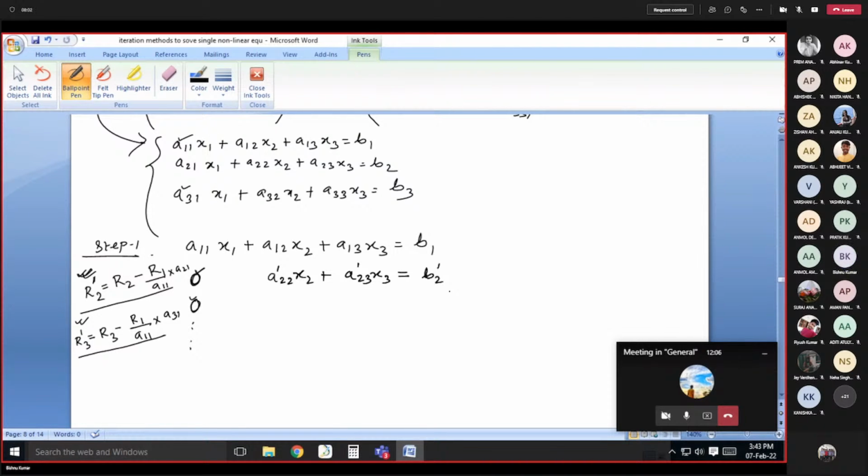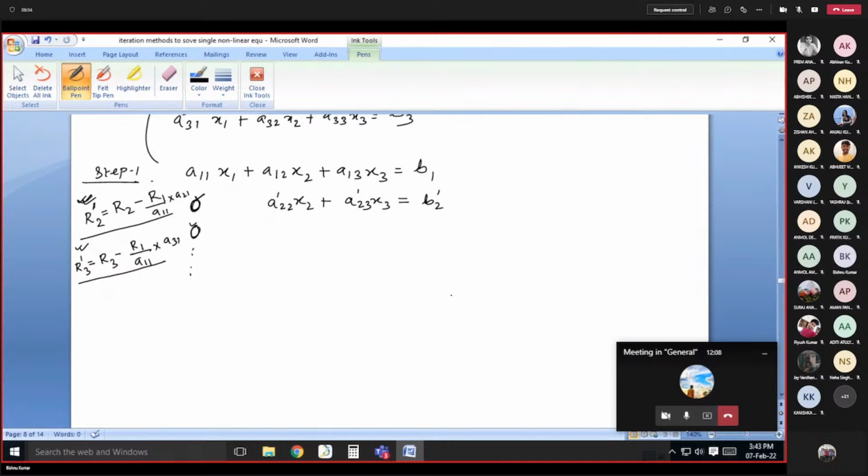Similarly, the third equation also becomes A32 dash X2, A33 dash X3 equals B3 dash.